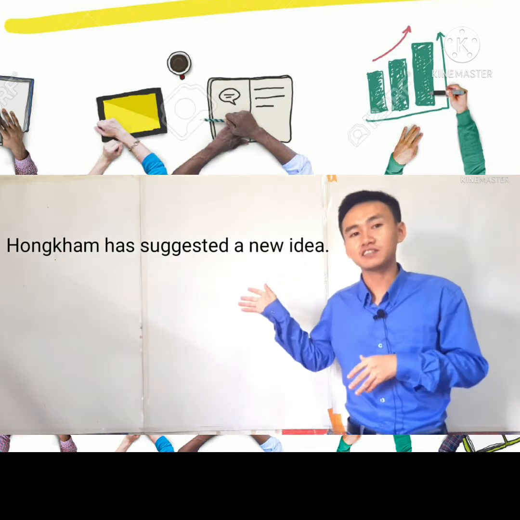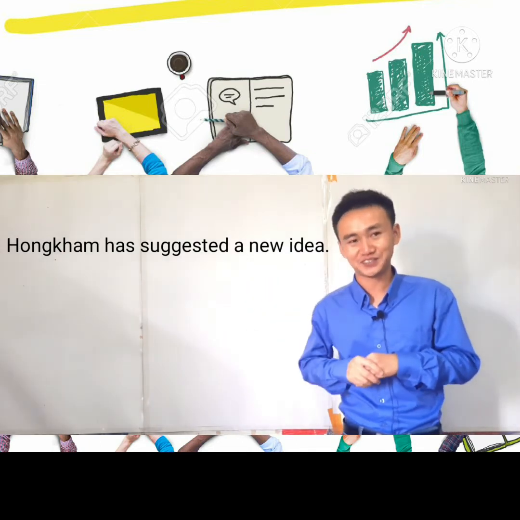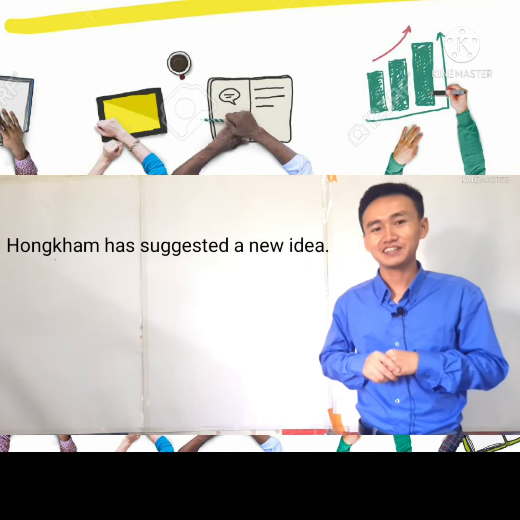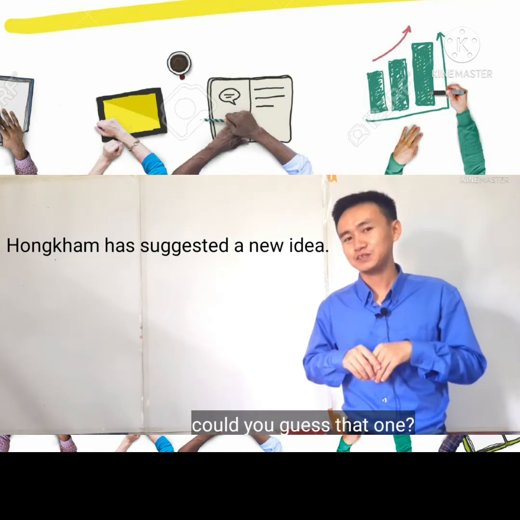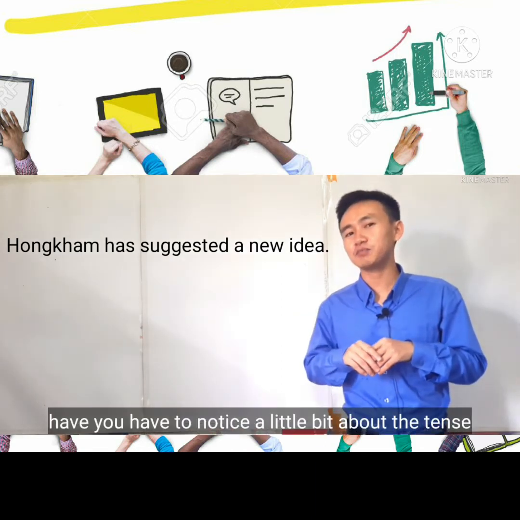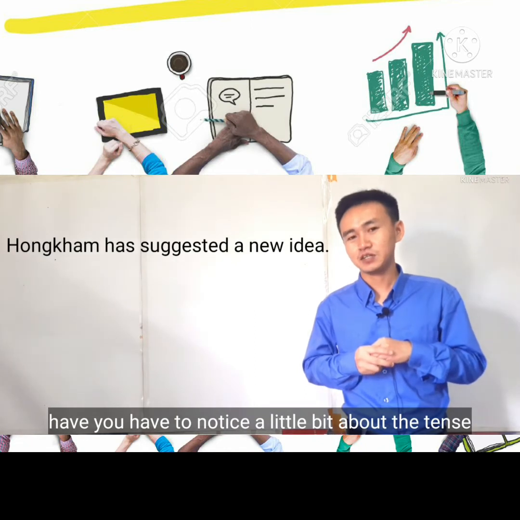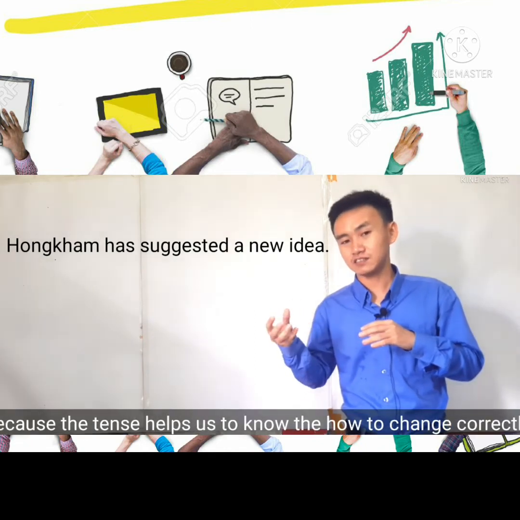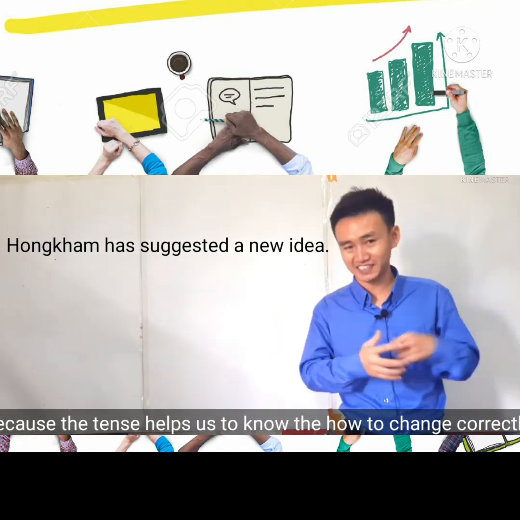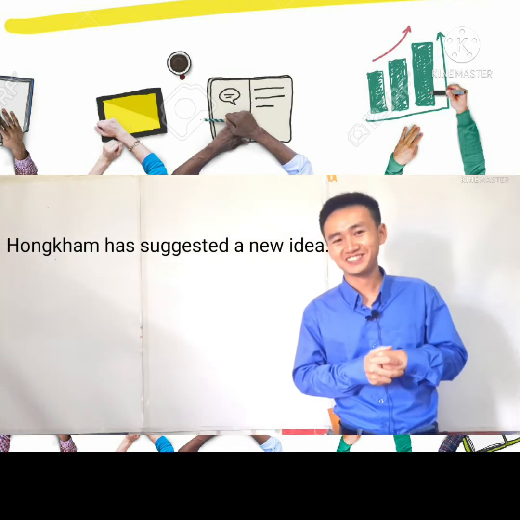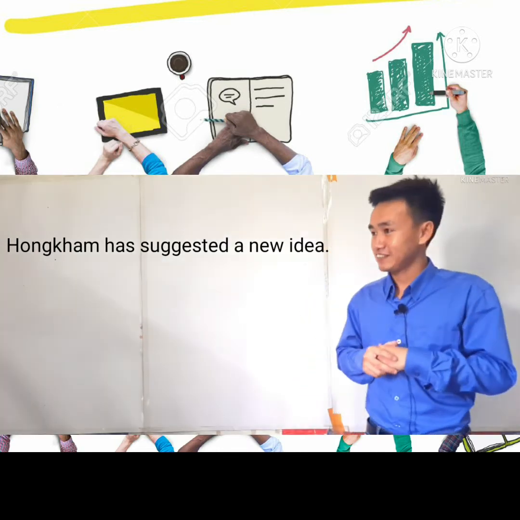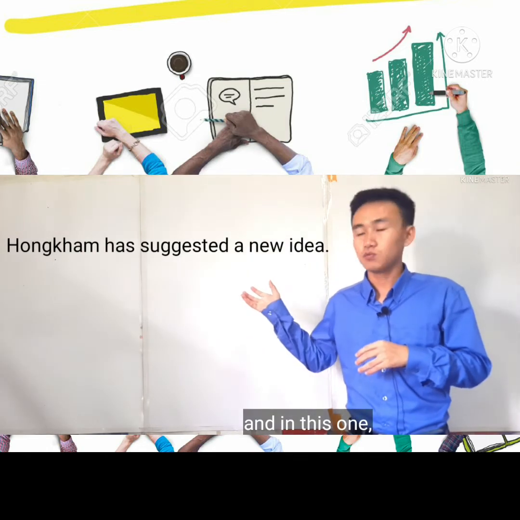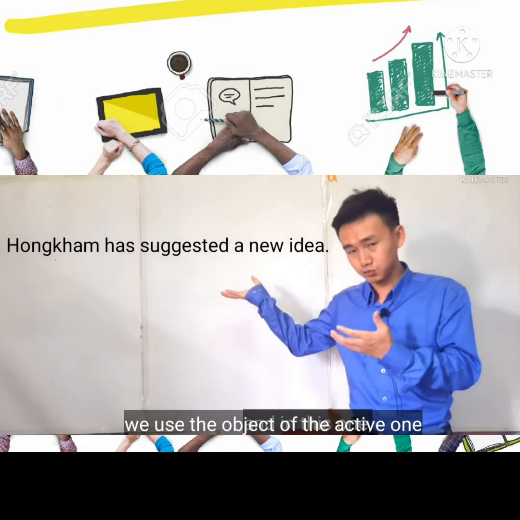Hong Kong has suggested a new idea. Could you guess that one? You have to notice a little bit about the tense, because the tense helps us to know how to change correctly. And in this one, we use the object after the verb.